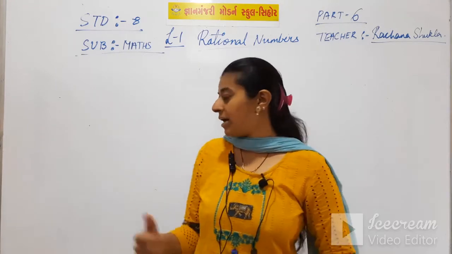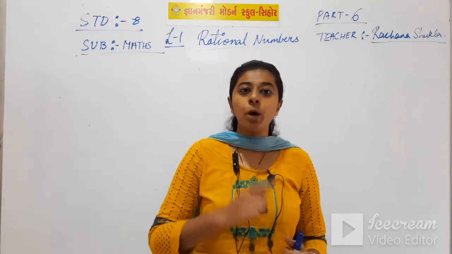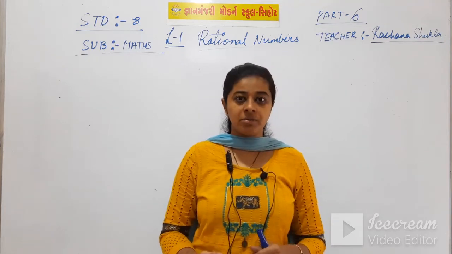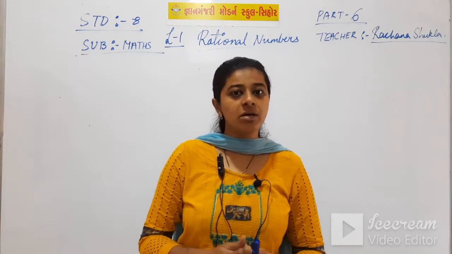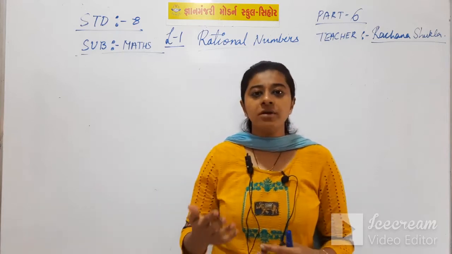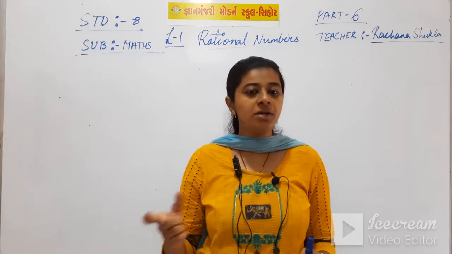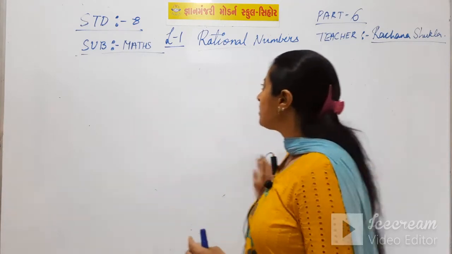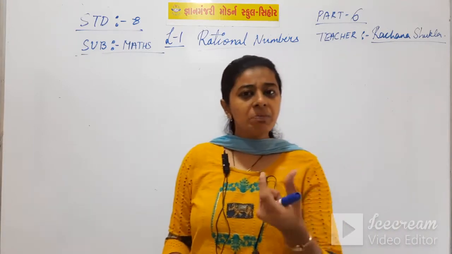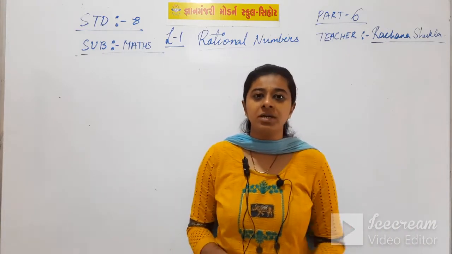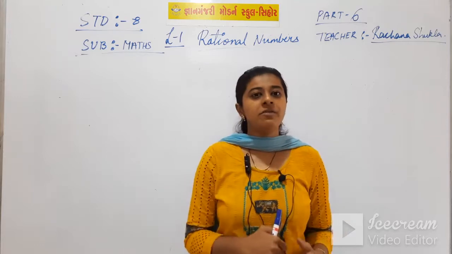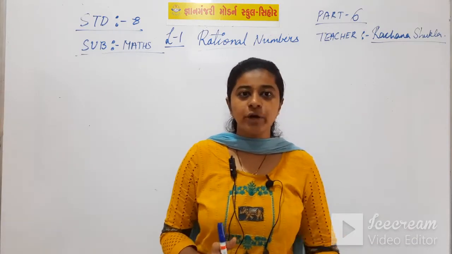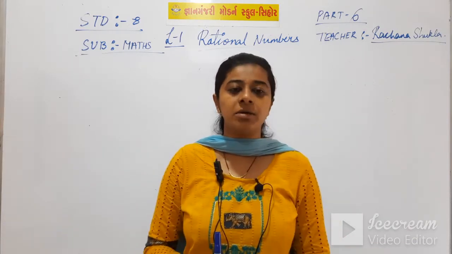In the last part, we studied about the properties of subtraction of rational numbers. We saw some sums of subtraction of rational numbers with different denominators, and we also studied the simple multiplication of rational numbers. Now, in this part, we will study some tricky sums of multiplication of rational numbers.